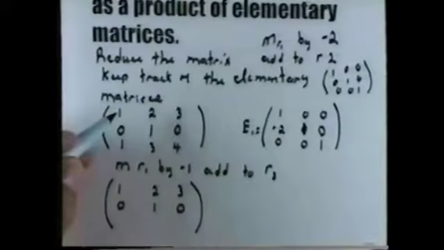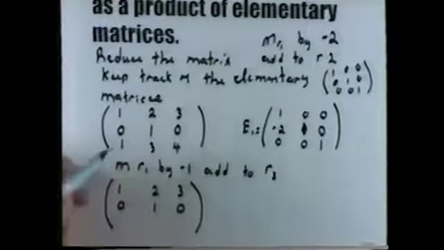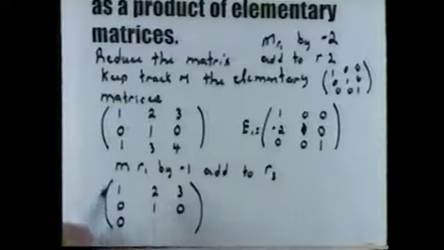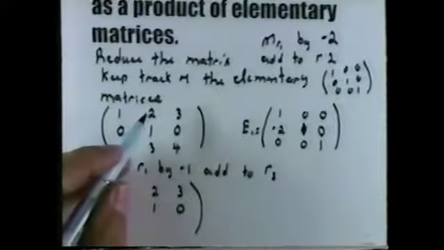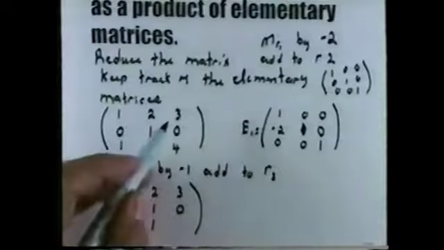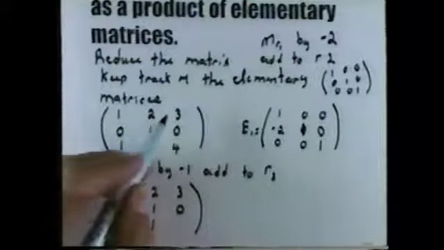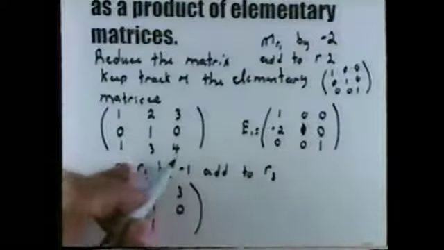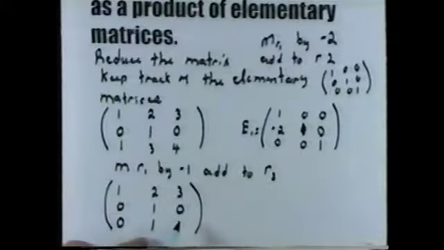Negative 1 times 1 is negative 1, plus 1 is 0. Negative 1 times 2 is negative 2. Negative 2 plus 3 is 1. Negative 1 times 3 is negative 3. Plus 4 is 1.